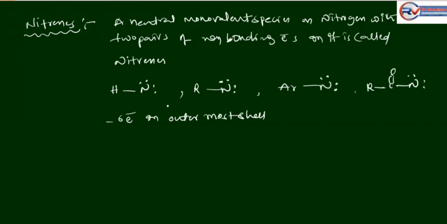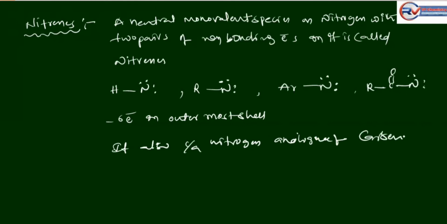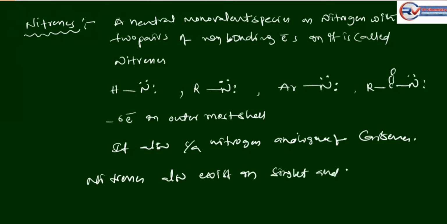It is also called the nitrogen analog of carbenes. Nitrenes also exist in singlet and triplet states.